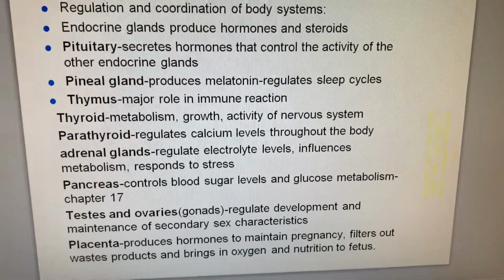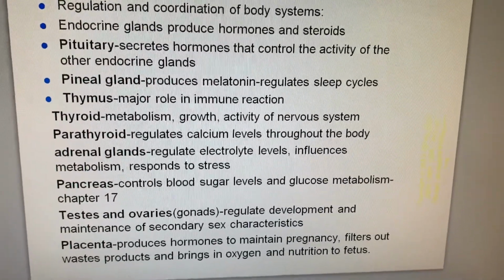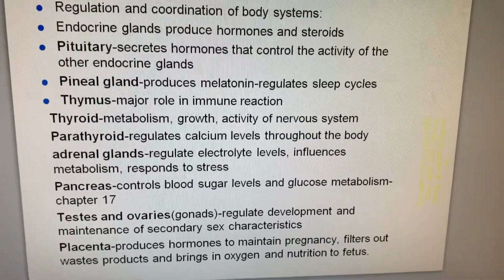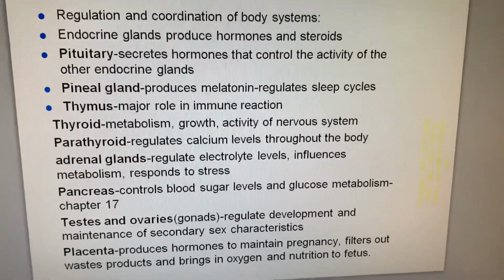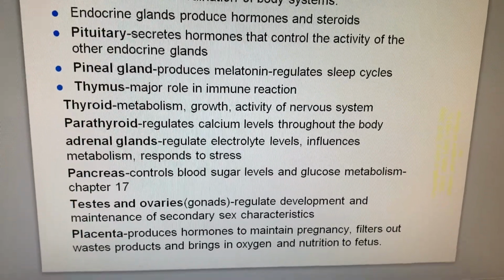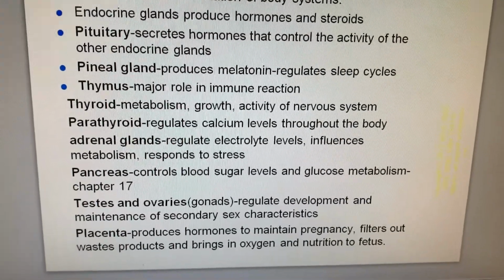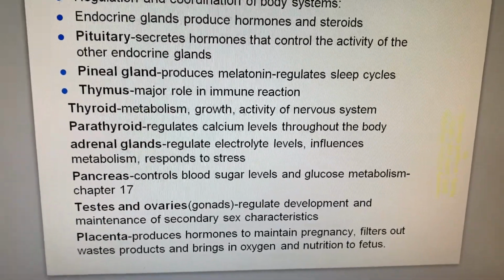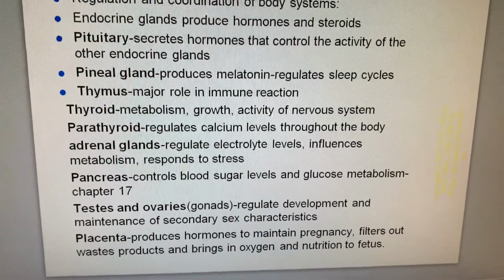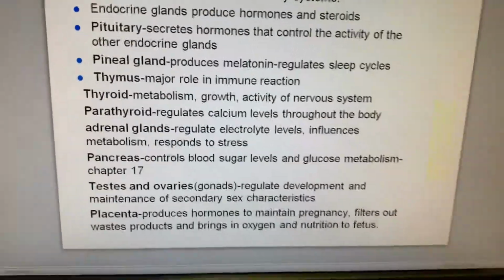We have the thyroid that controls metabolism and activity of really the entire body, but very, very centered on the nervous system. Behind the thyroids, we have usually 4 to 6 little glands referred to as the parathyroid. Some people will have 8, but they regulate calcium levels throughout the body.